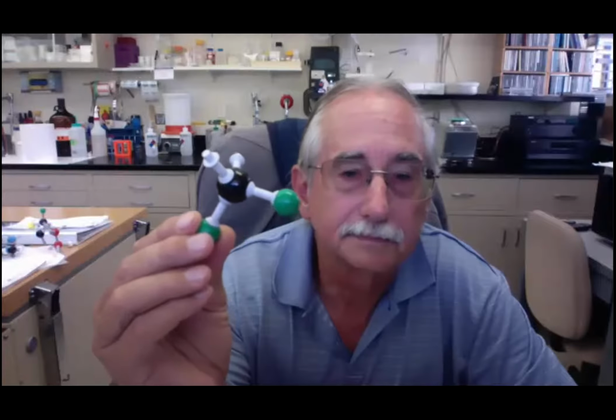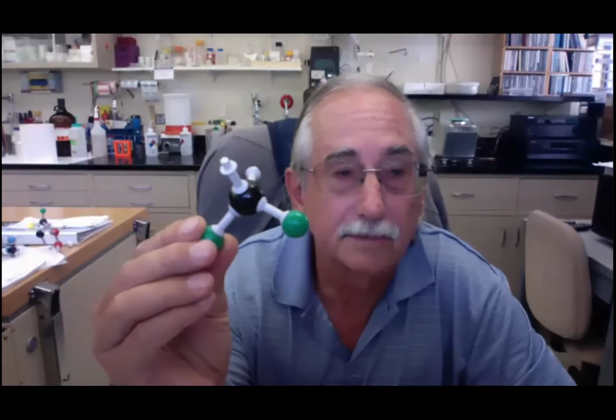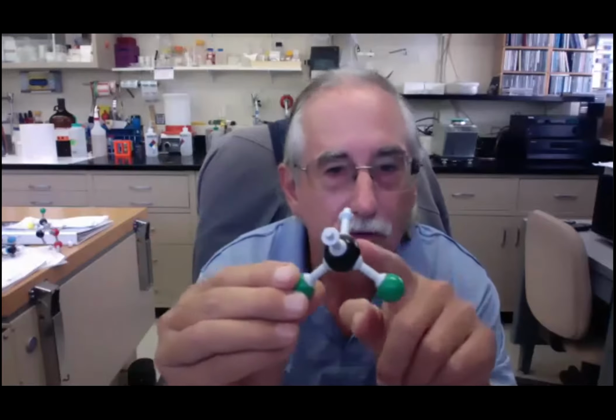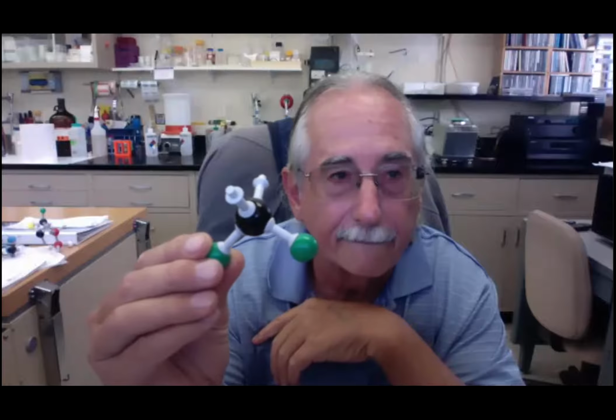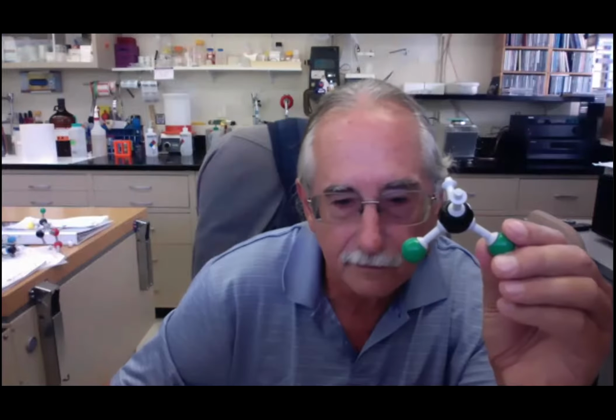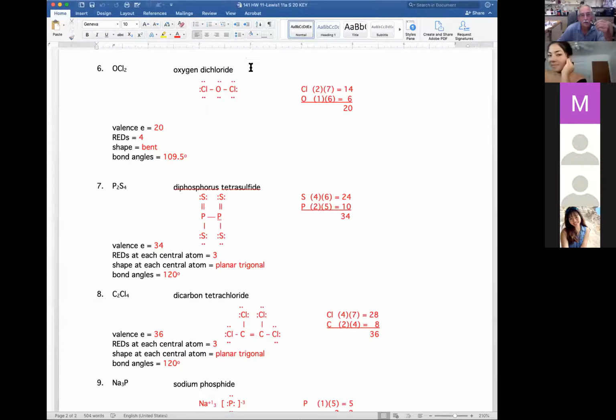No. It's not symmetrical. So if these are rockets, it's going to be a polar molecule. So we'd have to go back and look. What kind of bonds are between oxygen and chlorine? So if those are polar bonds, then that's going to be a polar molecule.